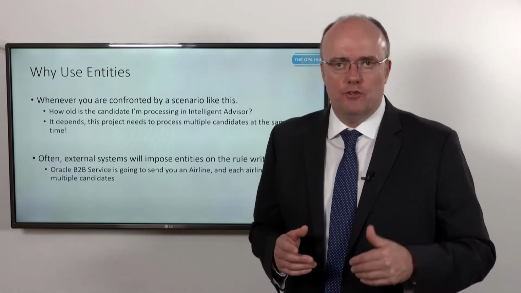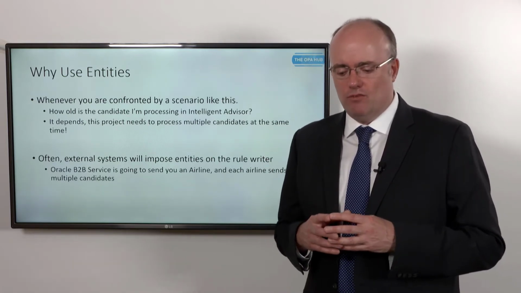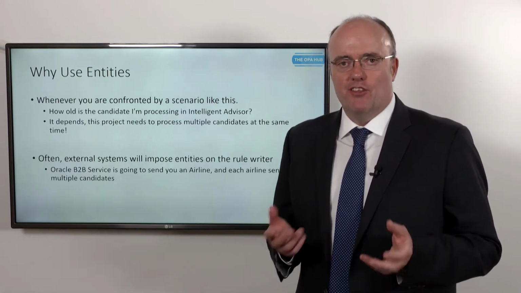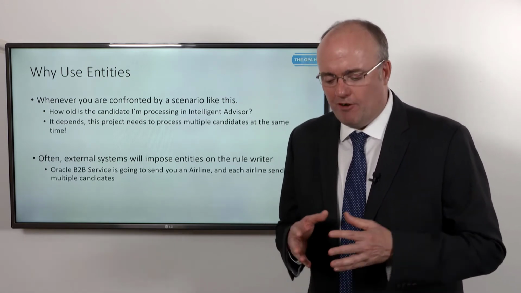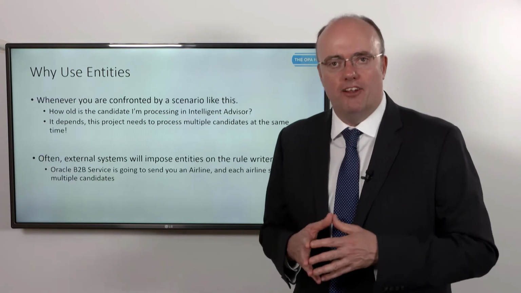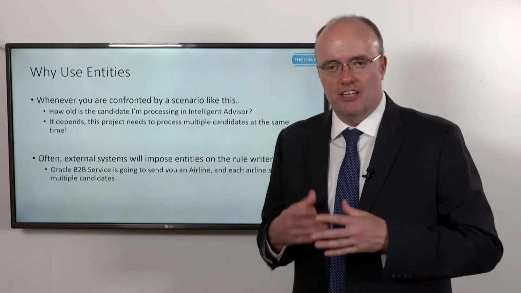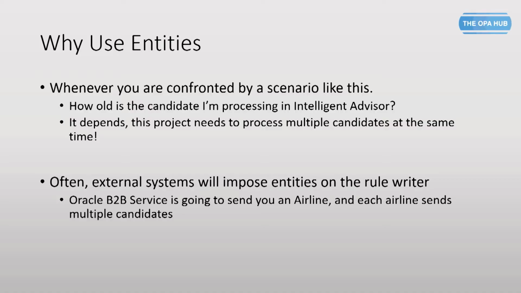So coming back to the whole concept of entities, why would you use them? There's what I call a litmus test you can do. If you're faced with a scenario like this, and we're going back to our pilot candidates, and we have a question: how old is the candidate? And then the response from either you or one of your colleagues is, well, it depends because we have multiple candidates each time we do this.